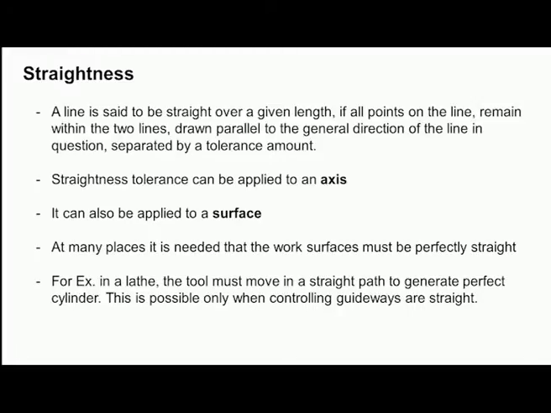Now when the straightness tolerance is applied to a surface, then, so we have this cylindrical object. Again, the size varies from 12 to 12.5 diameter.